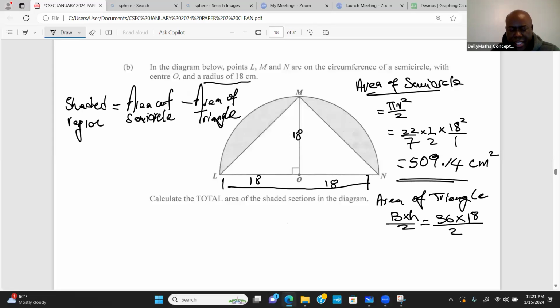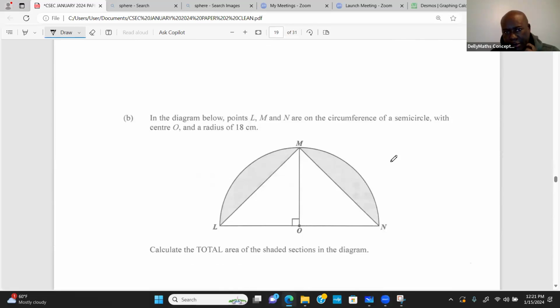So 36 times 18 divided by 2, we're getting the area of the triangle to be 324. So now the shaded region, I could come back here, area of the circle minus area of the triangle, and we're done right there. So this is giving me 185.14 cm squared. So that's the answer right there.